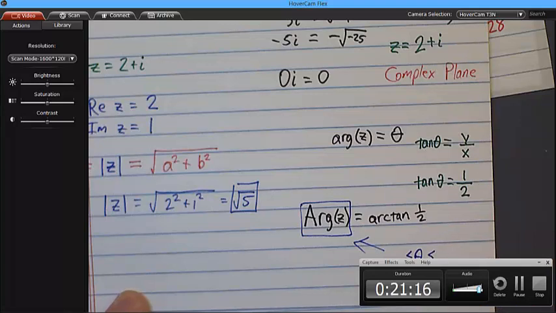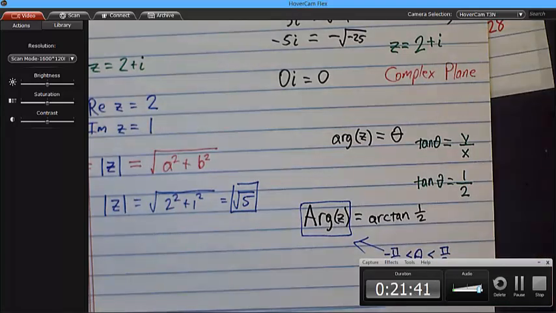What is it going to be between? For arctangent, what's the range of the arctangent? What quadrants is the arctangent? Give us an angle. 1 and 4. 1 and 4. So now what angles? Negative pi over 2 to pi over 2, okay?